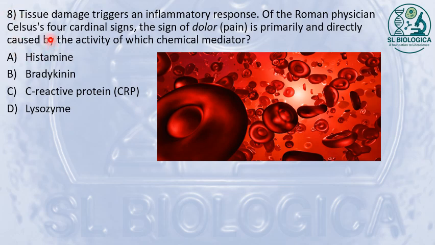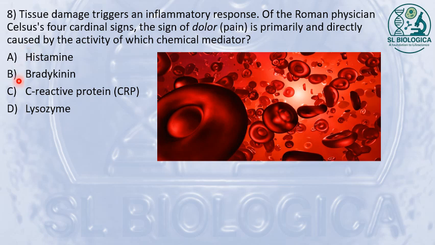The eighth question. Tissue damage triggers an inflammatory response. We know that whenever tissue damage is happening, it triggers an inflammatory response. Of the Roman physician Celsus' 4 cardinal signs, the sign of dolor, that is pain, is primarily and directly caused by the activity of which chemical mediator?